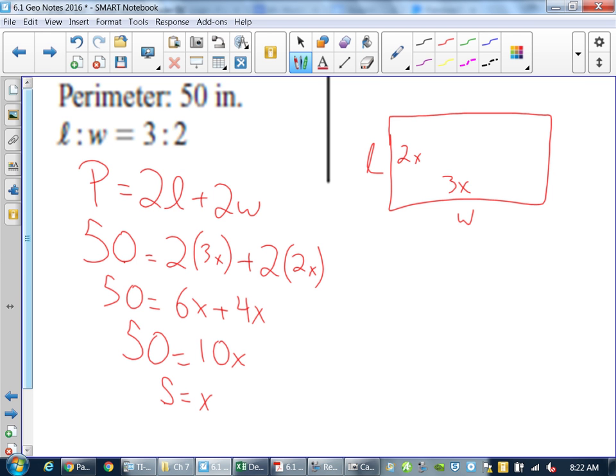If x is 5, our sides are 10 and 15. It looks like it's going to be a lot more complicated than it is, but it's not. You see this pattern quite often with this stuff, that it looks like it's going to be awful, but it works out real fast.